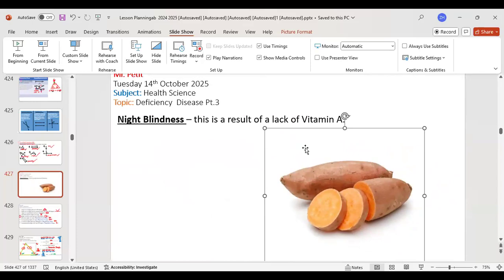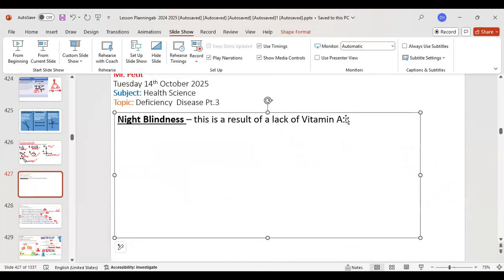Okay, so any orange or yellow vegetables have what we call beta carotene. So sources of vitamin A contain beta carotene.